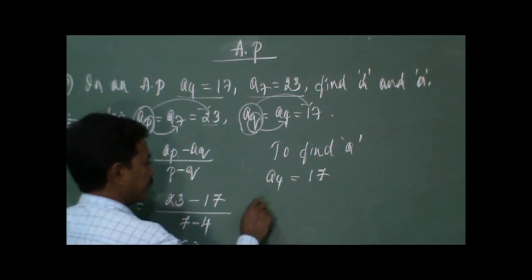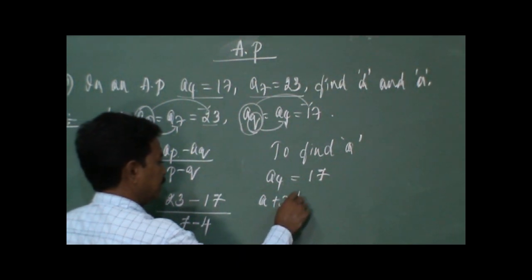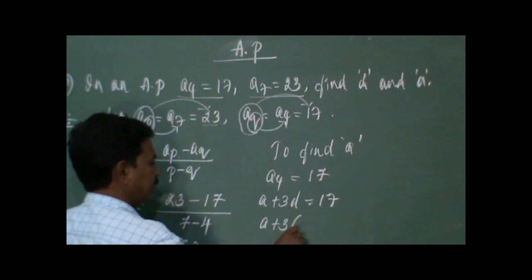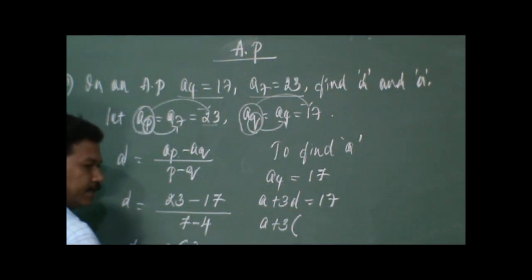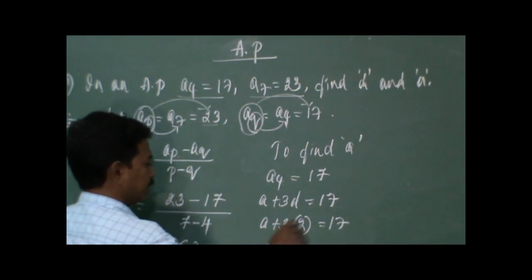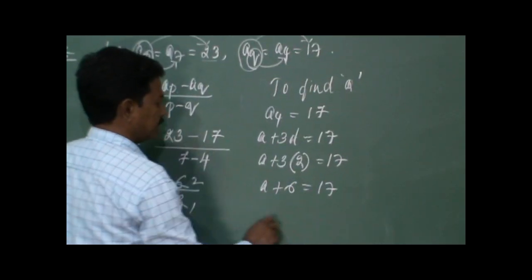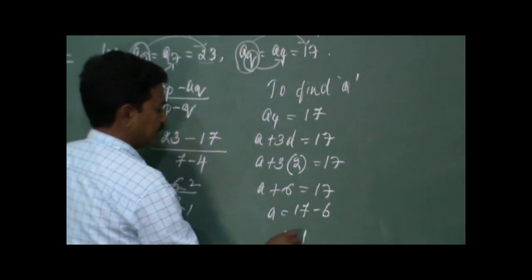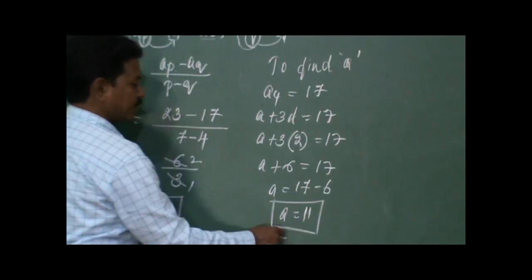So A4 can be defined as A plus 3D is equal to 17. A plus 3 into the value of D, substitute, is equal to 17. A plus 3 twos are 6 is equal to 17. A is equal to 17 minus 6, and it comes A is equal to 11.